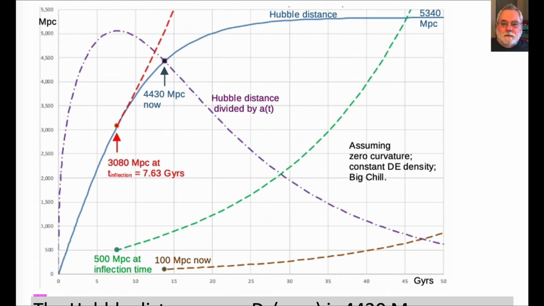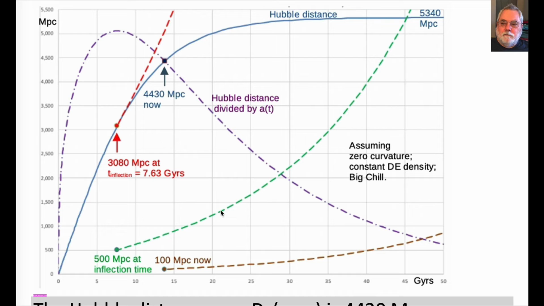For a distant galaxy closer to us than the Hubble distance at the inflection time, 3080 megaparsecs, so closer to us than that, there is a larger scale factor at which that galaxy crosses beyond the Hubble surface, overtakes the Hubble surface.